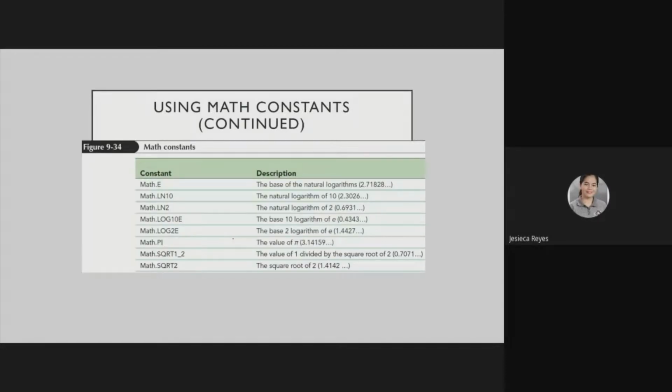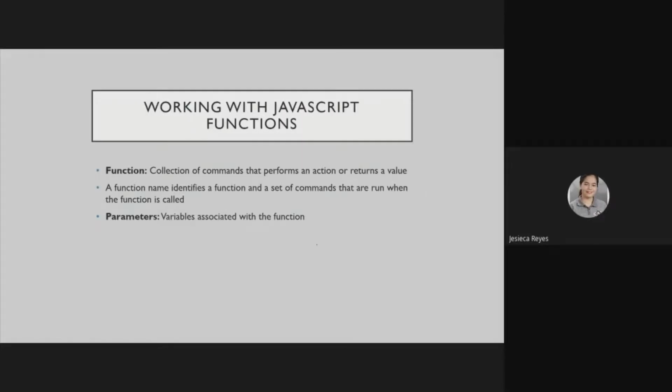And these are some of the math constants. Math.E, Math.PI, where the value is 3.14159. Now, we can also work with JavaScript functions. So functions are a collection of commands that perform an action or return a value.